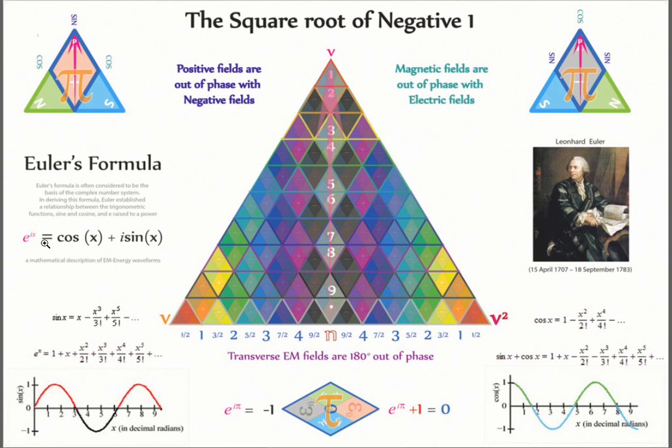Applying it, we can see the sine-cosine relationship to the energy, which is exponential, again following V squared. The electric to the magnetic of the fields is a sine-cosine relationship, and as we move laterally from the amplitude of the wave, measuring the photons, we have a sine-cosine relationship between the photons themselves.